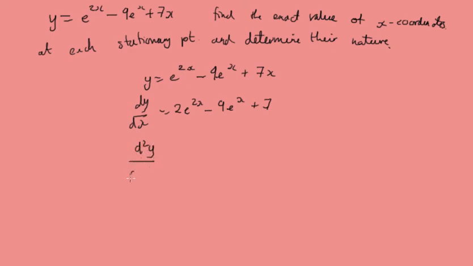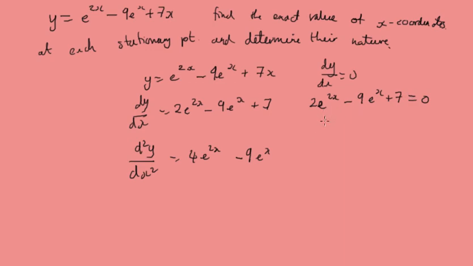So we'll differentiate this again. So it's going to be 4e to the 2x minus 9e to the x. Now, the stationary points are going to be when dy by dx equals 0. So this will be 2e to the 2x minus 9e to the x plus 7 equals 0.